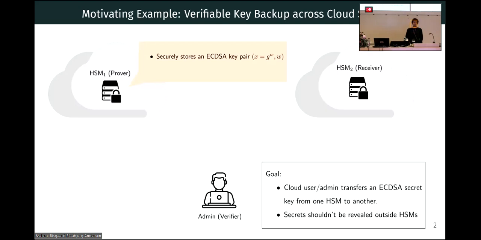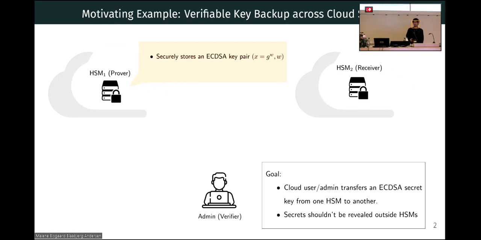So let's say you are a cloud service administrator or user, and whenever you perform some sensitive cryptographic operations inside the cloud instances, perhaps what you want to do is to perform these operations inside some protected environment, such as a hardware security module.